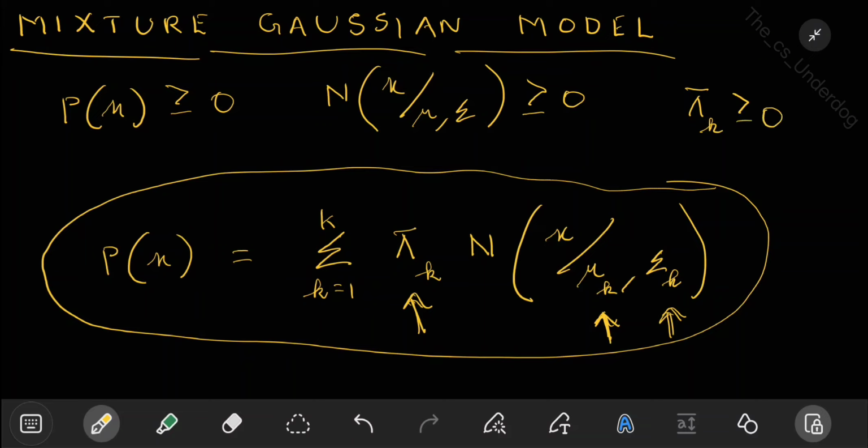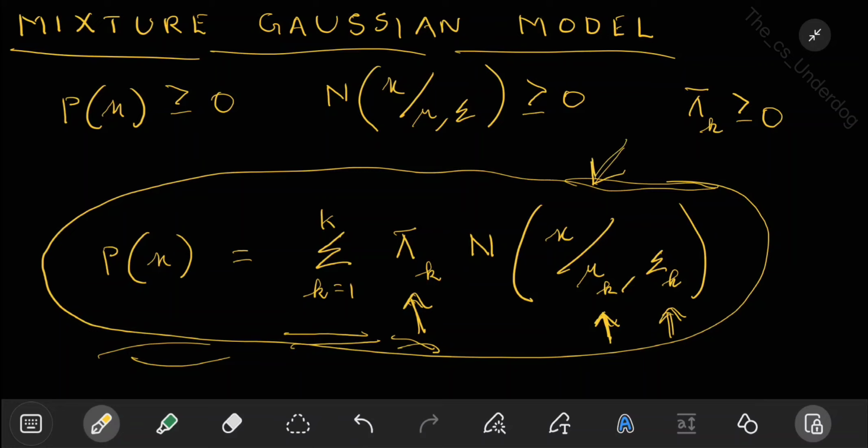Under these conditions, if you use this formula and calculate the mixed Gaussian, you should be able to approximate any real world data set or any data set coming out of natural phenomena. The mixture Gaussian says the probability density function p of x is equal to the summation over all the values of k of pi k into the Gaussian.